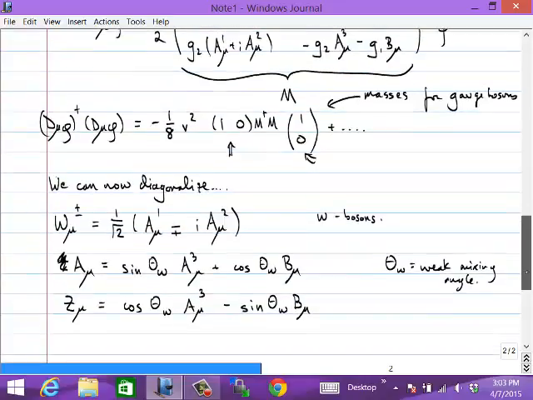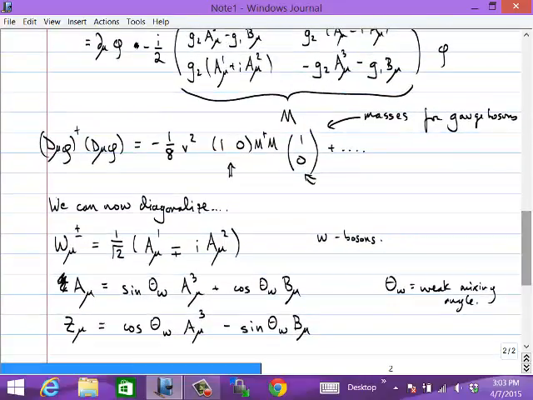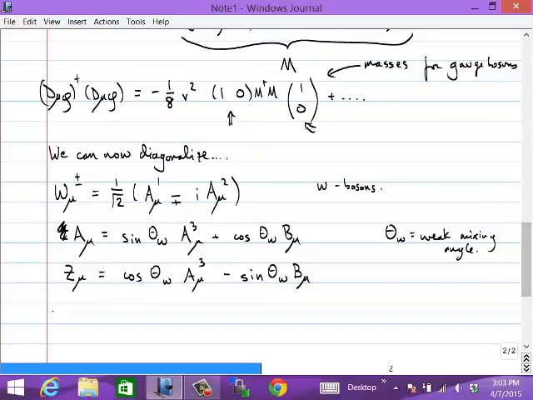And then you can go through this straightforward procedure of diagonalizing the mass matrix. What you'll find is that the matrix is diagonal for a particular value of those coefficients, sine theta and cosine theta. In particular, when this weak mixing angle is the inverse tangent of G2 over G1, the mass matrix is diagonal.